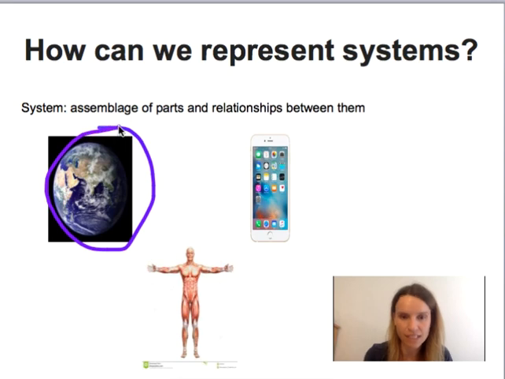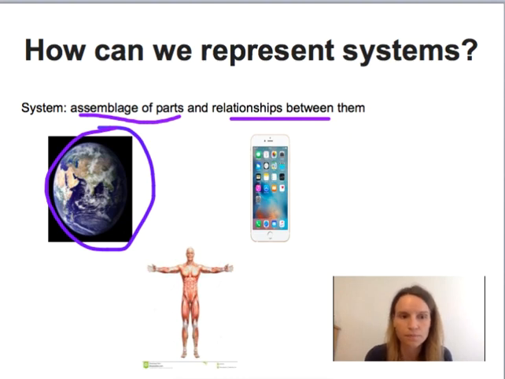The Earth, obviously, is an assemblage of many, many parts that are related in innumerable ways, between the relationships of the big systems like the atmosphere to the hydrosphere, and the relationships of the small systems like the relationship between a city and its surrounding rural areas.